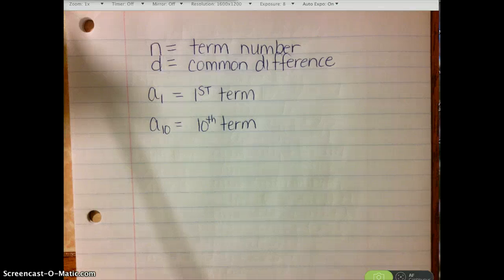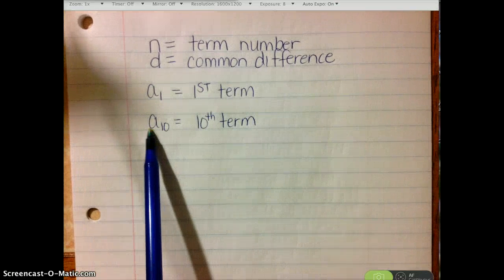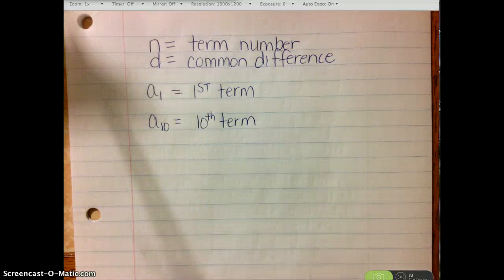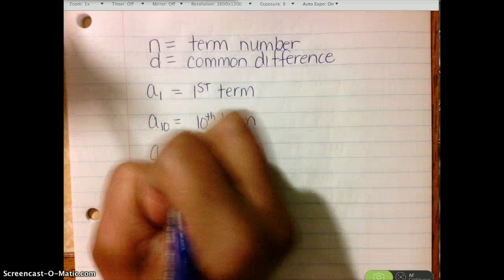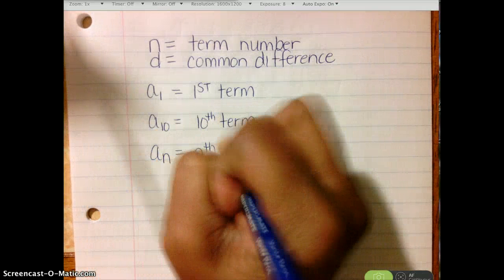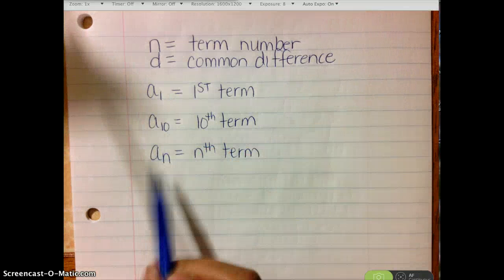So whatever number is the subscript, the small number with the variable a, tells us the position of that term. And then a sub n just means the nth term, because we don't know which one.